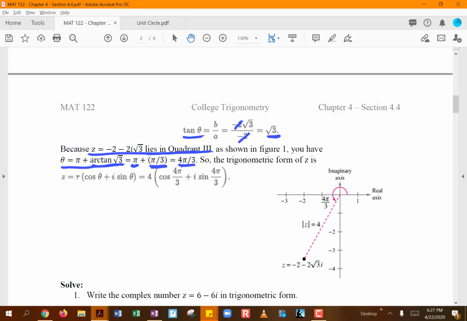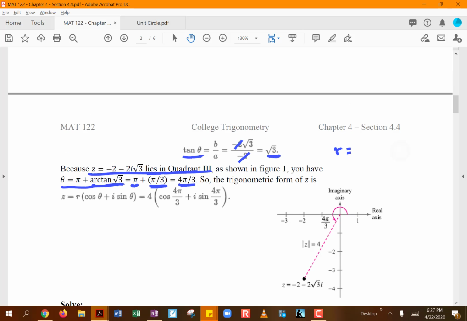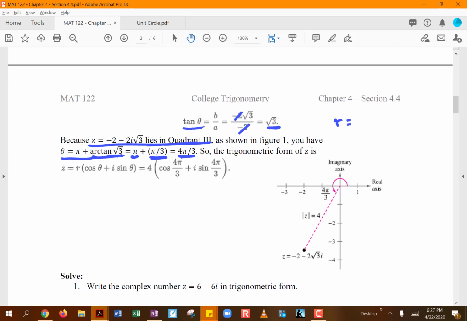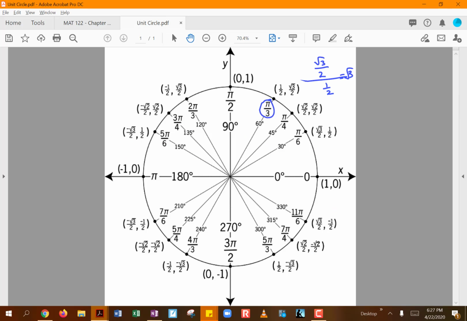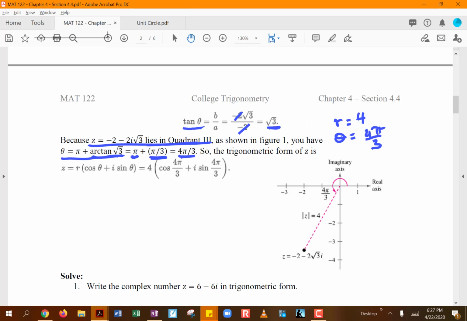So now that we have r, which was equal to 4 over here, and we have theta equals 4 pi over 3, and of course we know, and you can verify, 4 pi over 3 is going to be an angle in quadrant 3, which is what we want, since that's where our complex number is going to be.